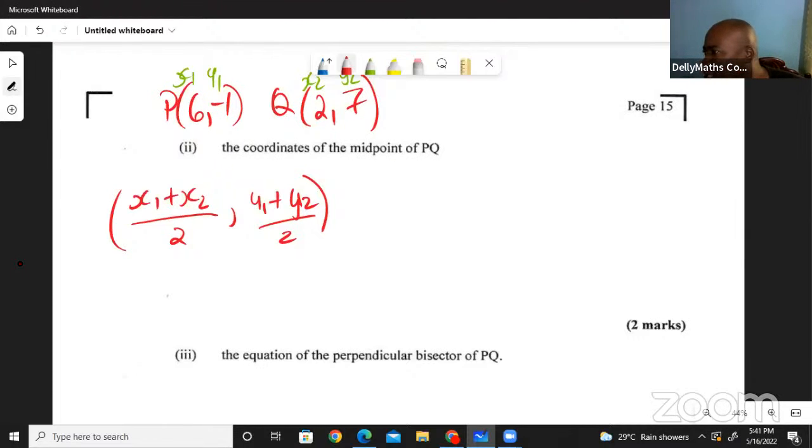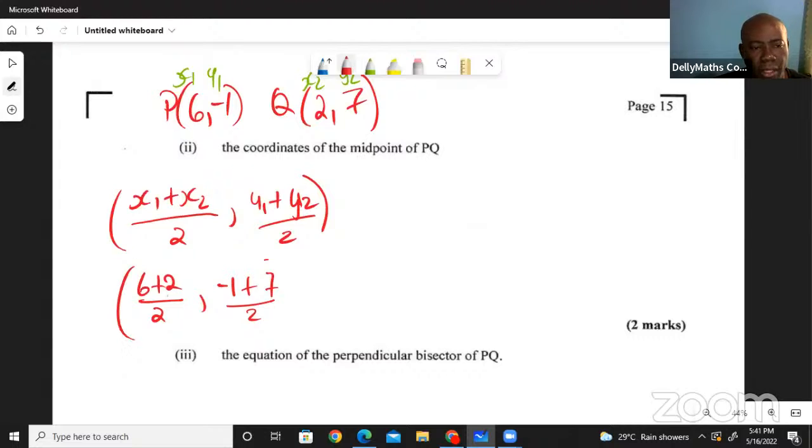For example, X1 is 6, so we're having 6 plus X2, which is 2, all over 2, comma, and then we have Y1, which is -1, plus Y2, which is 7, all over 2.